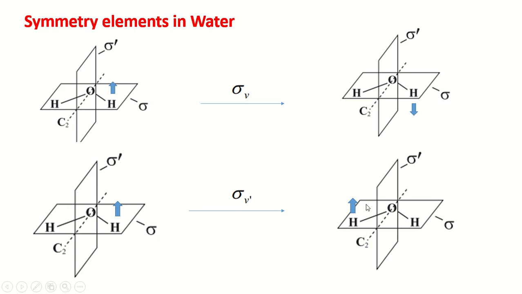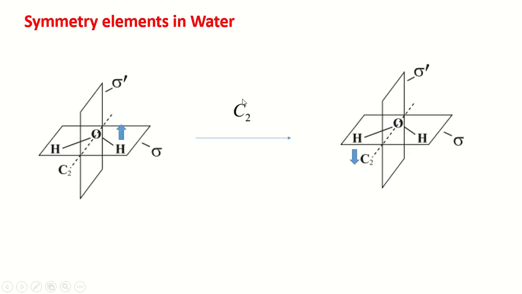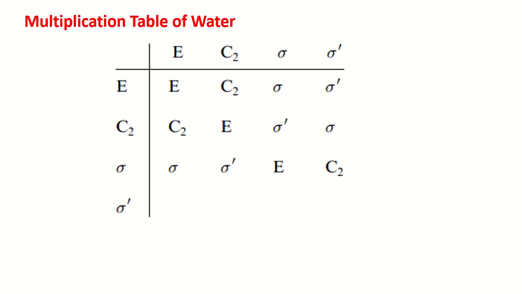After applying sigma dash, we apply C2, and this arrow will give a downward direction on the other hydrogen atom. This is the product after applying sigma dash and C2, and this is equal to the operation sigma.